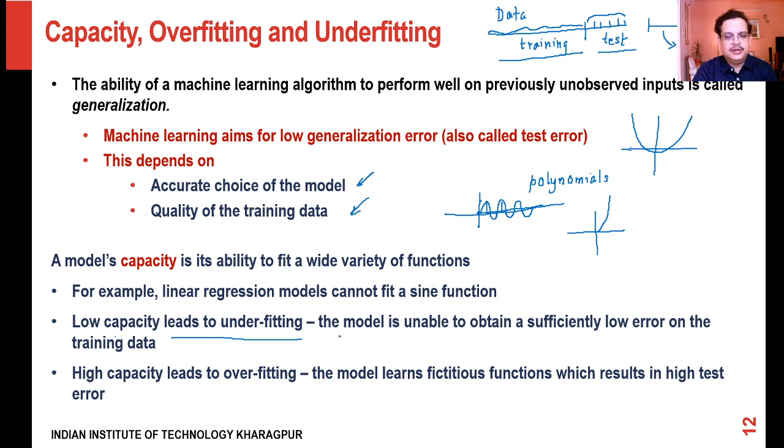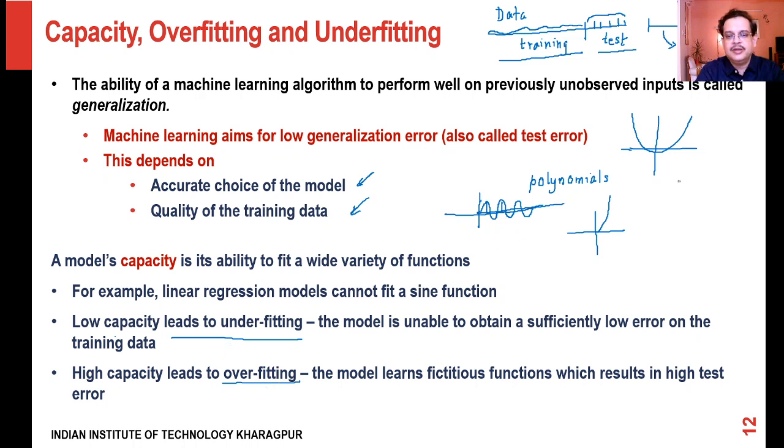On the other hand, if you use a very high capacity, then we end up getting what is called overfitting. Overfitting is where the model starts learning even the noise.